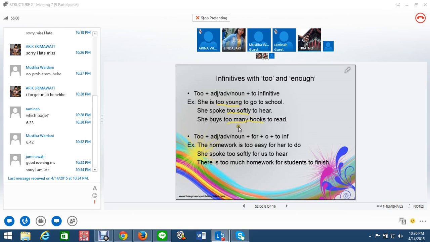Too young, terlalu muda. And then here too plus adjective, adverb, or noun, plus for plus object plus to infinitive. Example, the homework is too easy for her to do.